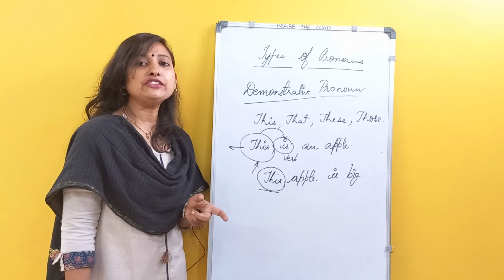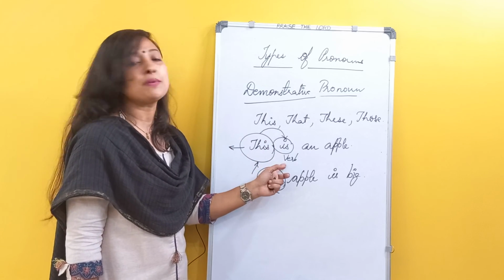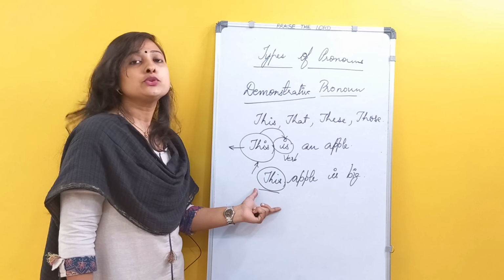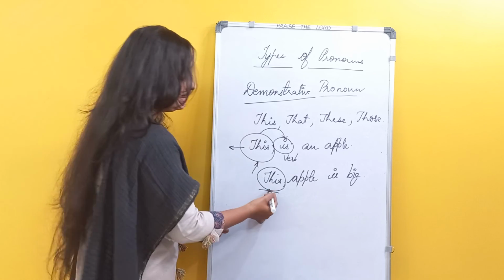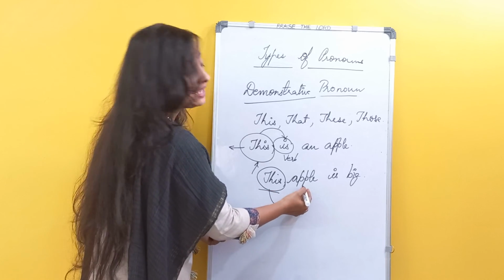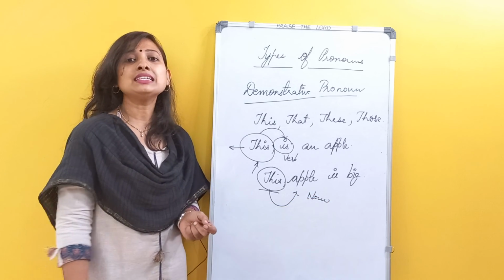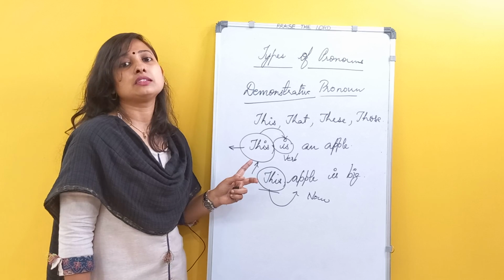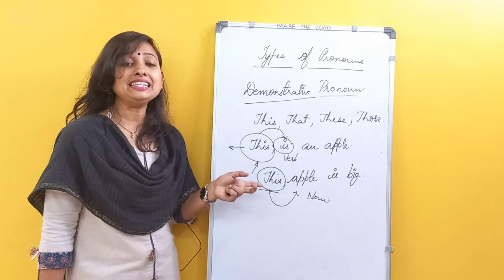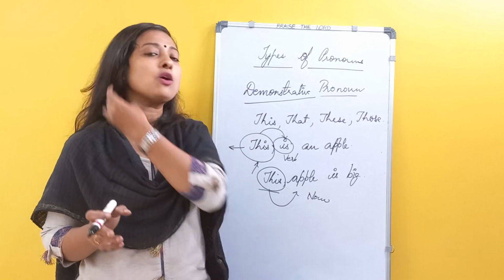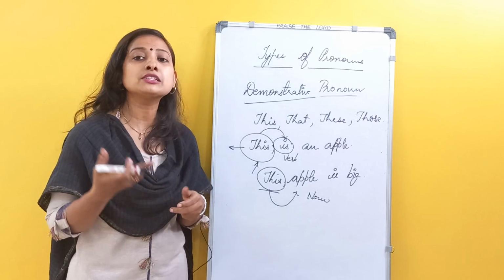For easy identification, the pronoun is followed by a verb, and when it is used as an adjective, this word is followed by a noun. Right? So that is the only difference, and how the sentence is being used, whether it is describing or whether it is demonstrating, showing.